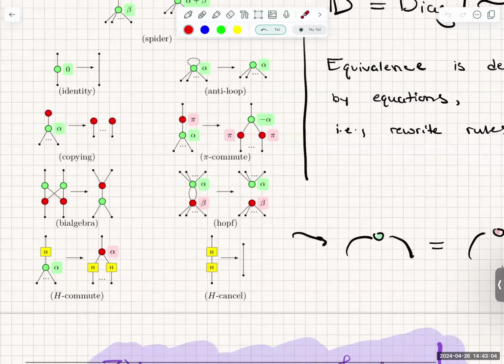So this is encoded over here: if I have H and then I copy in the green color, that's the same thing as copying in the red color and then applying H everywhere. Basically you can always commute H through, but it flips the color. It's also self-adjoint, so applied twice it is the identity.